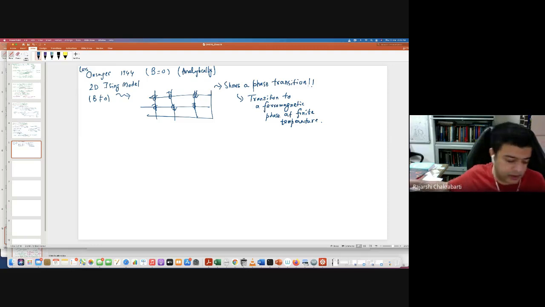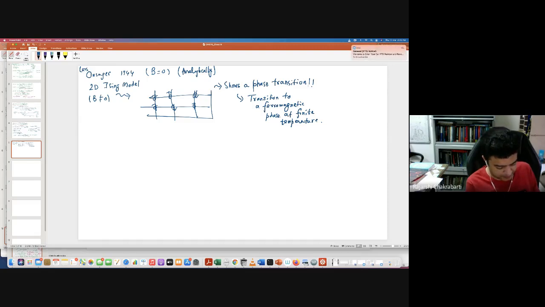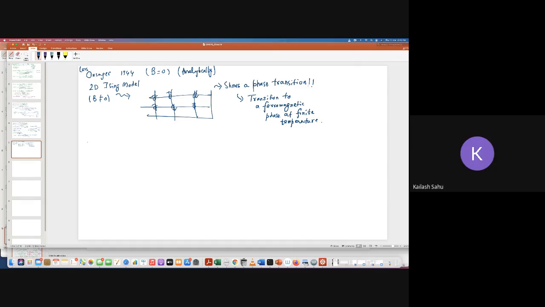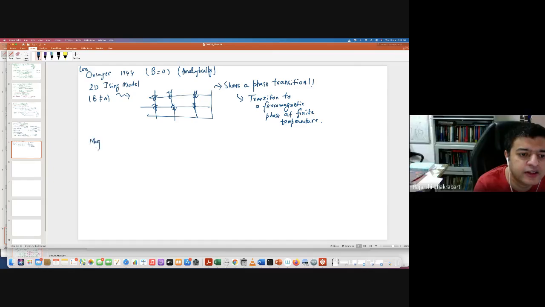Now, can anyone tell me what you expect if I plot magnetization as a function of, say, temperature? How is it going to look in this case? I plot this average magnetization as a function of not beta. Beta was inverse temperature.